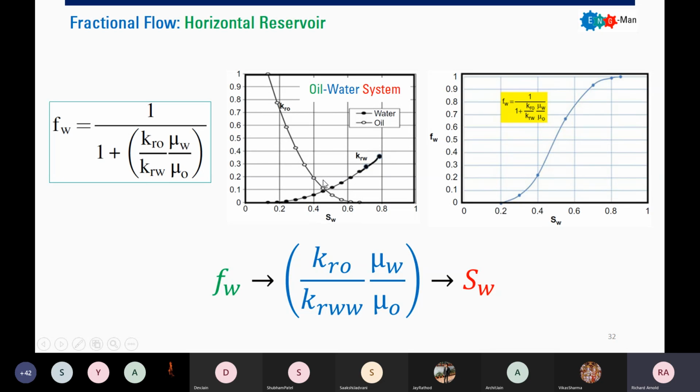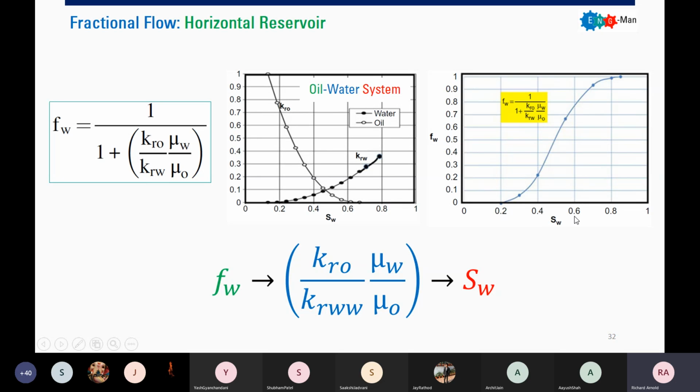And of course, you can see we start from FW, from fractional flow. We have this curve if we do core analysis, right? And it will give us, lastly, this correlation or this relationship, which will correlate FW with water saturation.